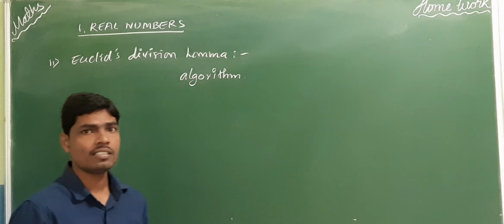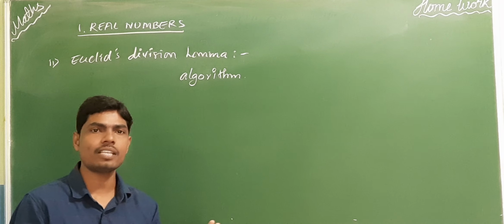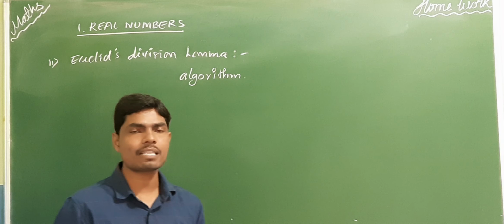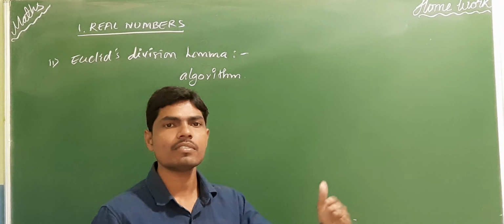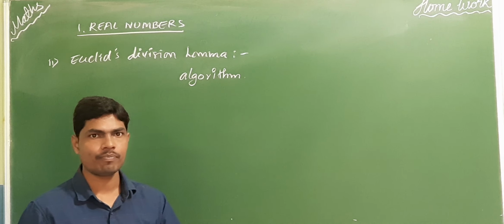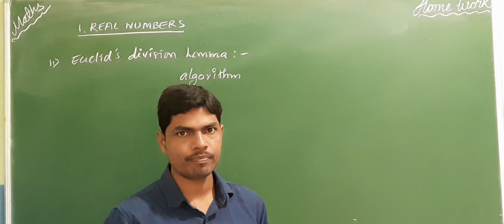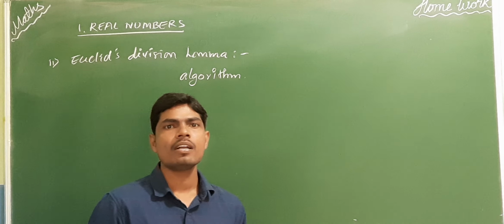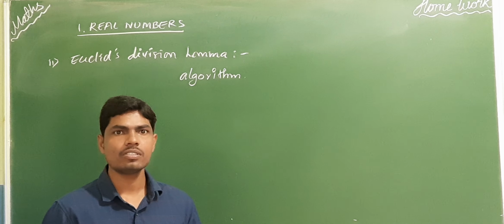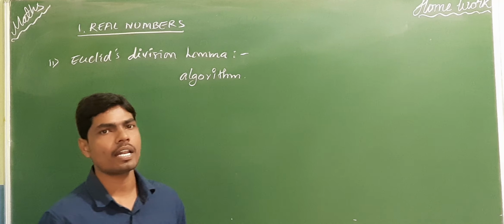An algorithm is a process containing steps. When you are solving some mathematical problems, you are using some steps. That means using steps to solve a problem is nothing but an algorithm. So once again I am repeating: using steps to solve some problems is called an algorithm.